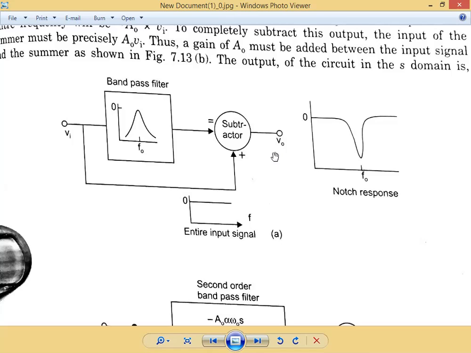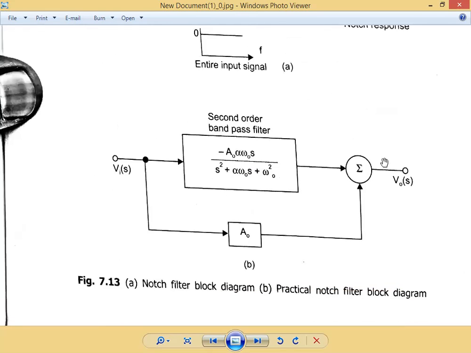Since the output of this band pass filter is negative when we use an op-amp, instead of using a subtractor, we are using a summer, that is, an adder. Here you can observe it.